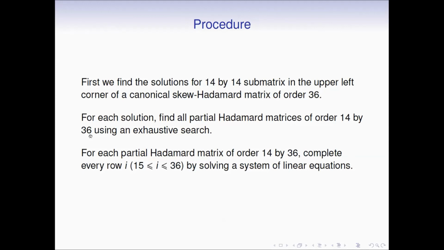So we complete the first 14 rows using an exhaustive search. And then for each partial Hadamard matrix of order 14 by 36, we complete every row by solving a system of linear equations.